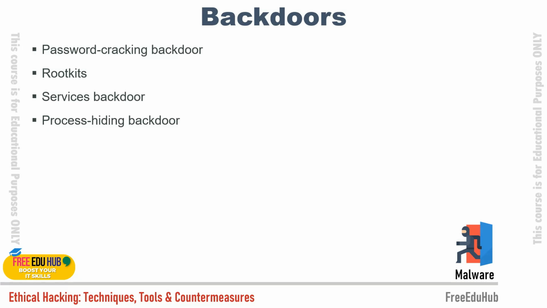Then we have service backdoors. Network services are another target for attackers for modification and to open a backdoor on the computer. When a service runs, the process runs on the computer, for example, on port 80 or 21. Once the service is answering on a port, the attacker can attach to the port and issue commands to the service that has been compromised.